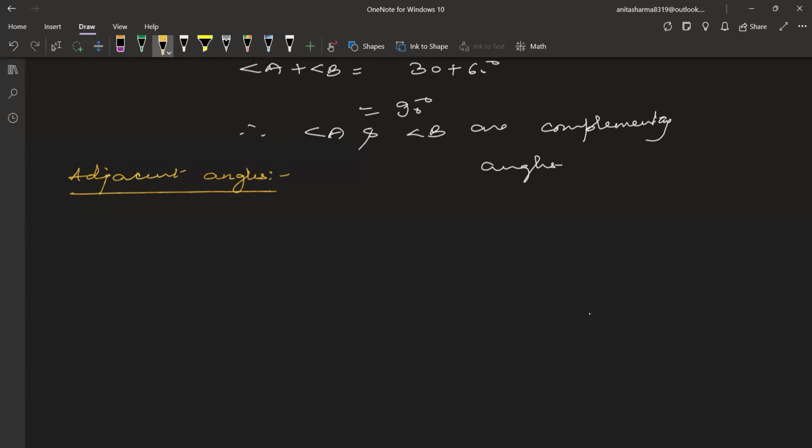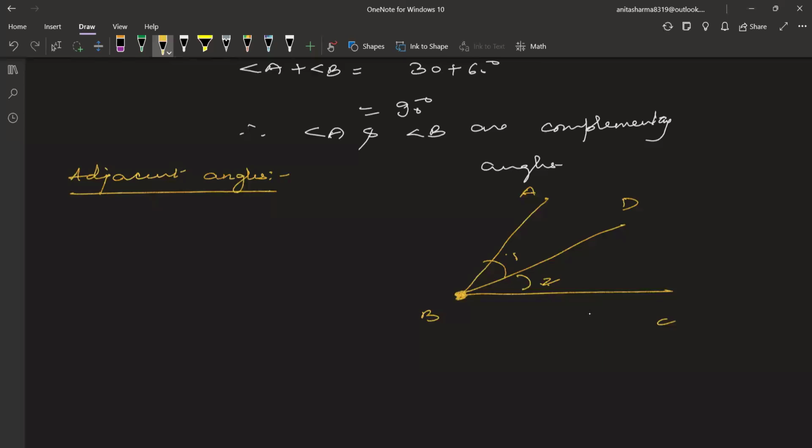Yes. See, beta, here two angles are there. Let's read this angle 1 and this angle 2. Right, children? So here angle 1 and angle 2 are adjacent angles because they have a common vertex B.